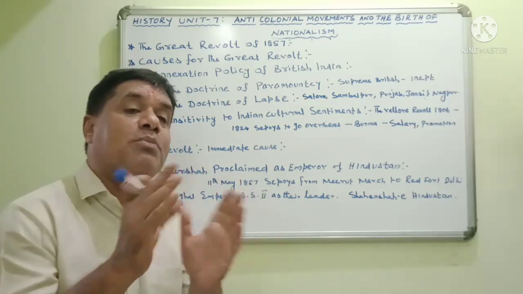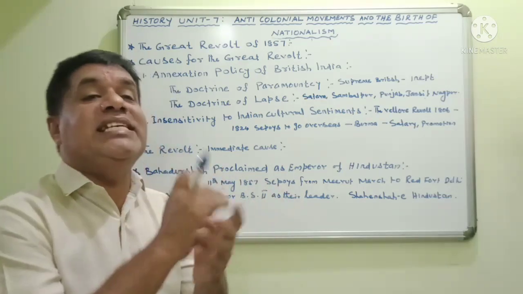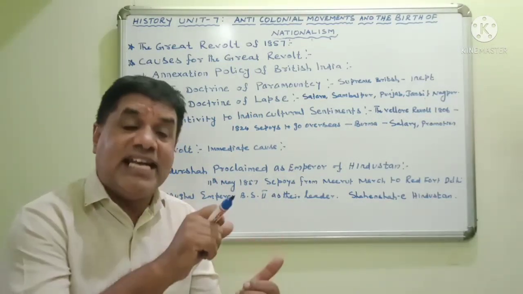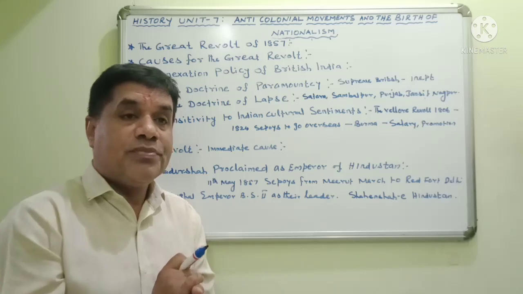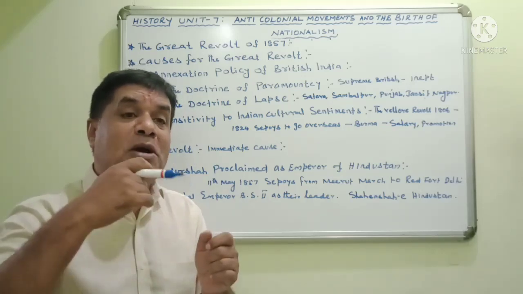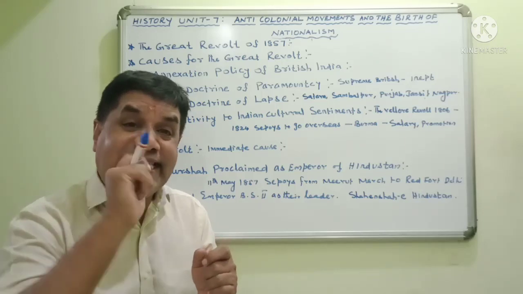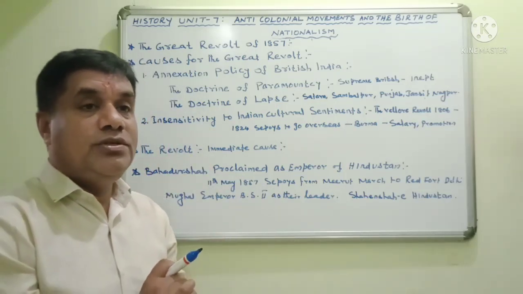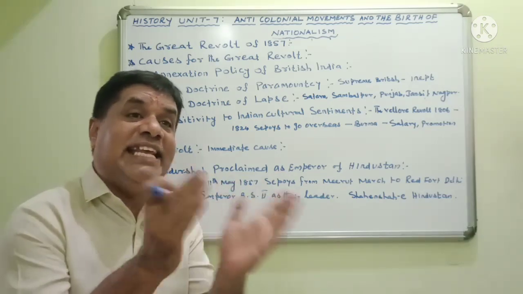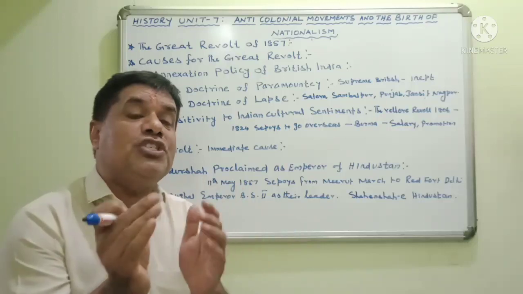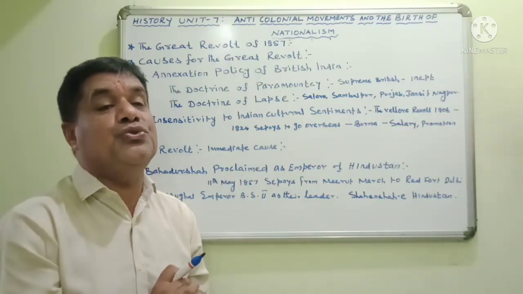Cartridges were greased with cow and pig fat. So both Hindus and Muslims avoided using these cartridges. Before loading, the sepoys had to bite off the cartridges. So both Hindus and Muslims were hesitant to use these cartridges.